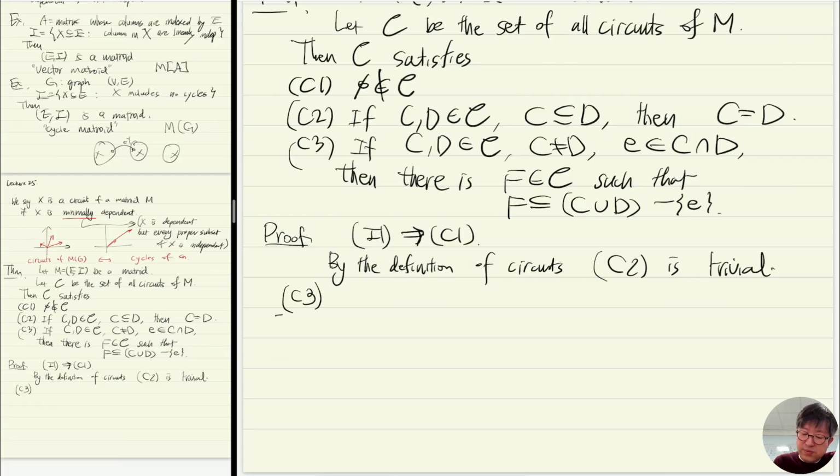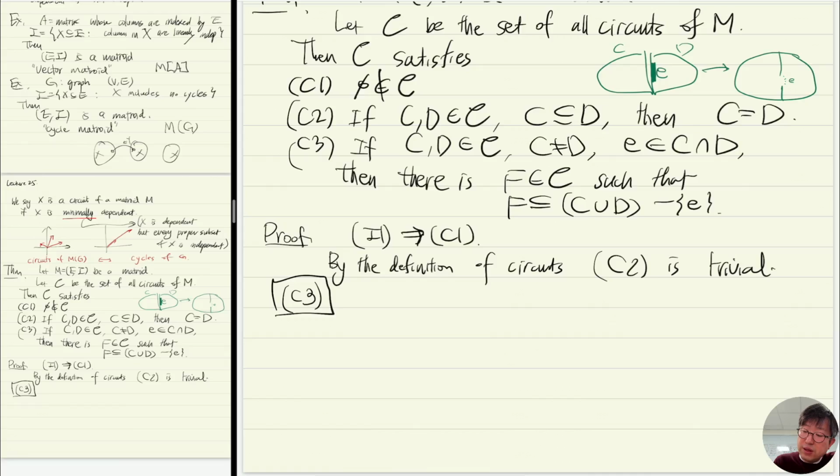Now it remains to prove C3. What is the meaning of C3? If this is a circuit C and this is circuit D and there's an element E in the intersection, then it's asking us to find a circuit here. In the case of graphs we knew there's a circuit. How do we find it in general?